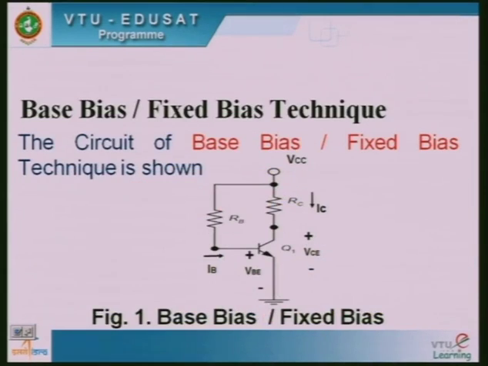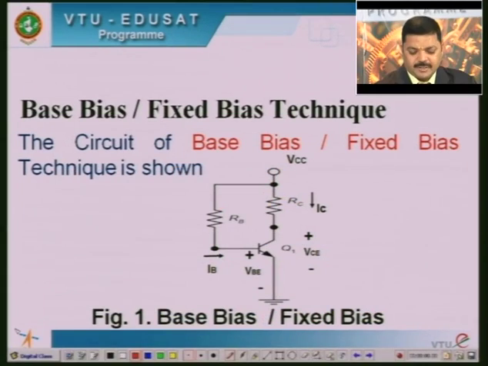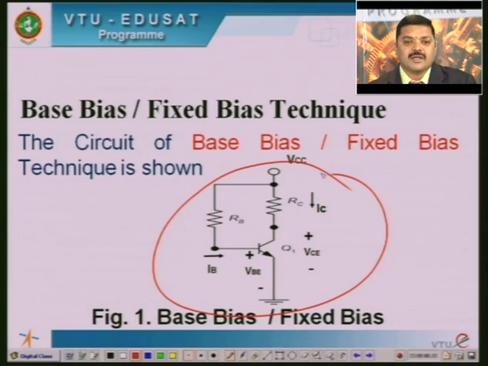Figure 1 is a fixed bias circuit, and for this circuit I will change the HFE values from minimum to maximum, and I will study the performance with respect to the operating point Q.